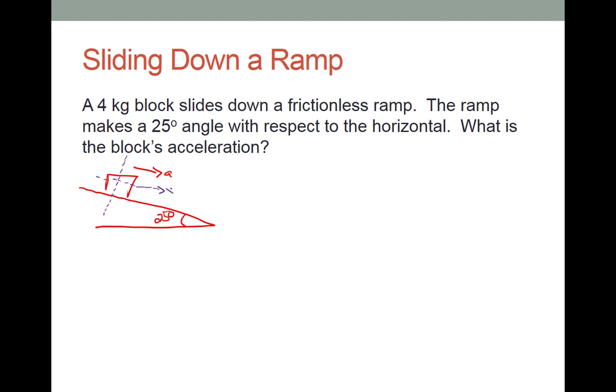So I'm going to tilt my coordinate system so that the vertical axis points perpendicular to the surface of the ramp and the horizontal axis points along the surface of the ramp. Now, with this definition for the coordinate system, the acceleration is strictly in the x direction.